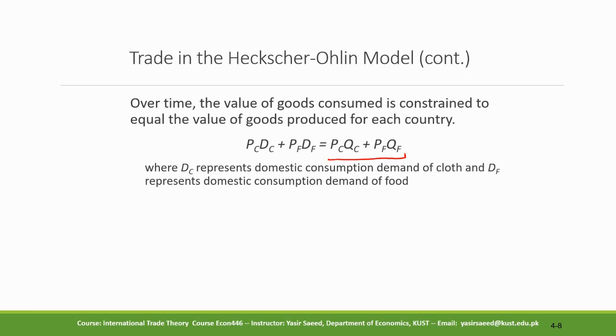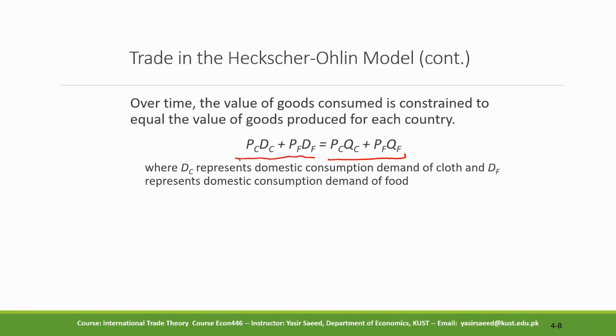So we are producing food worth 50 rupees. Combining these two, we are producing a total output worth 100 plus 50, that is 150 rupees. So we can consume equal to 150 rupees. We can purchase DC and DF, which represent the demand for cloth and demand for food, and that should equal the same value.